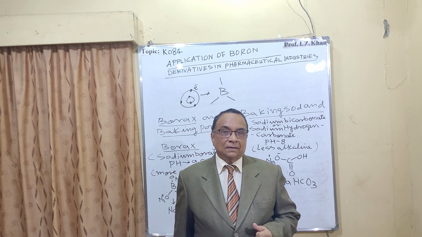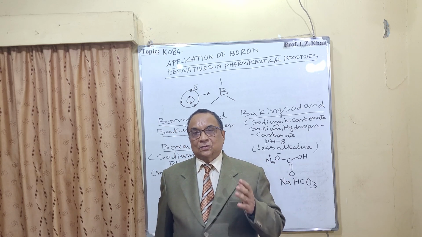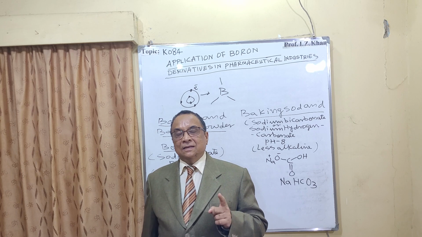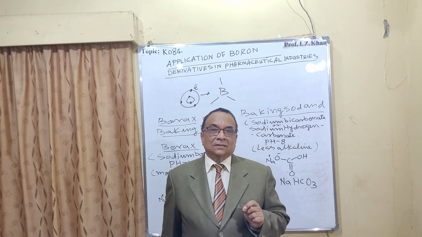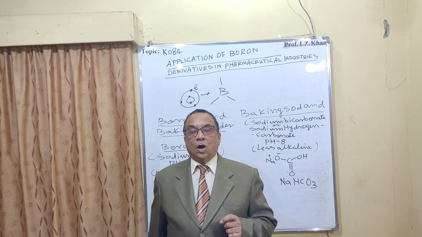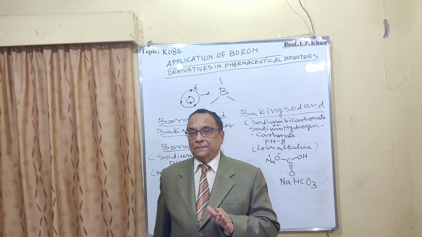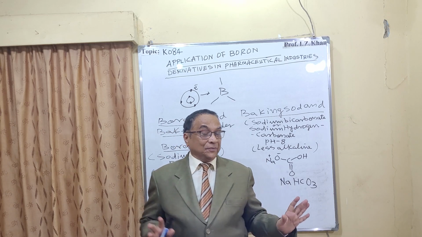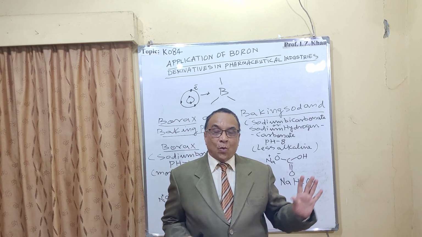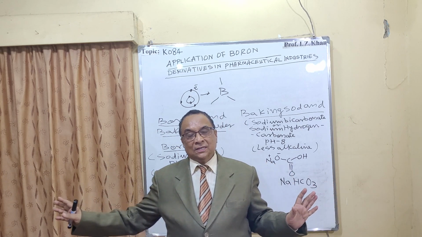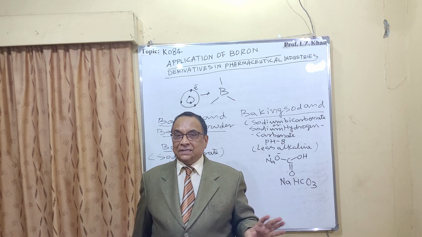In the case of baking soda, it is sodium bicarbonate or sodium hydrogen carbonate, and the pH is 8. So the first difference is that both are quite different in structure and formulation. One has boron and the other only sodium, and the pH is different.